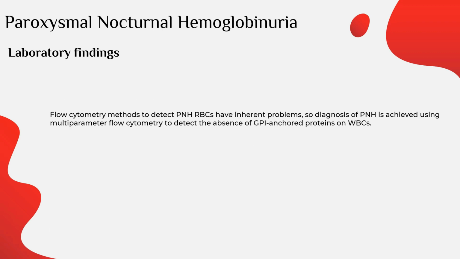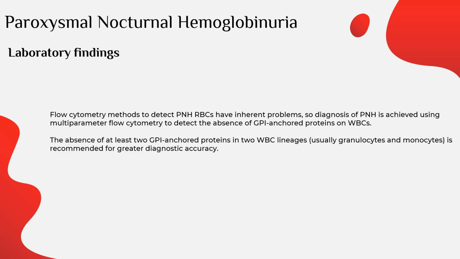Flow cytometry methods to detect PNH RBCs have inherent problems, so diagnosis of PNH is achieved using multiparameter flow cytometry to detect the absence of GPI-anchored proteins on WBCs. The absence of at least 2 GPI-anchored proteins in 2 WBC lineages, usually granulocytes and monocytes, is recommended for greater diagnostic accuracy.